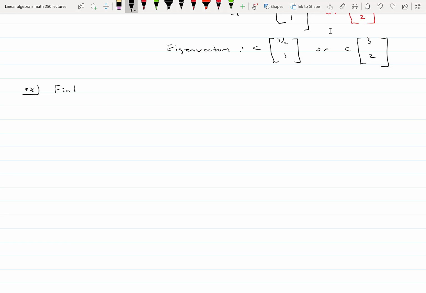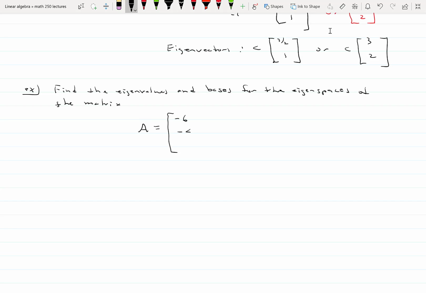So find the eigenvalues and bases for the eigenspaces of the matrix A equals [-6, -4, 4; 0, 2, 0; -8, -4, 6].